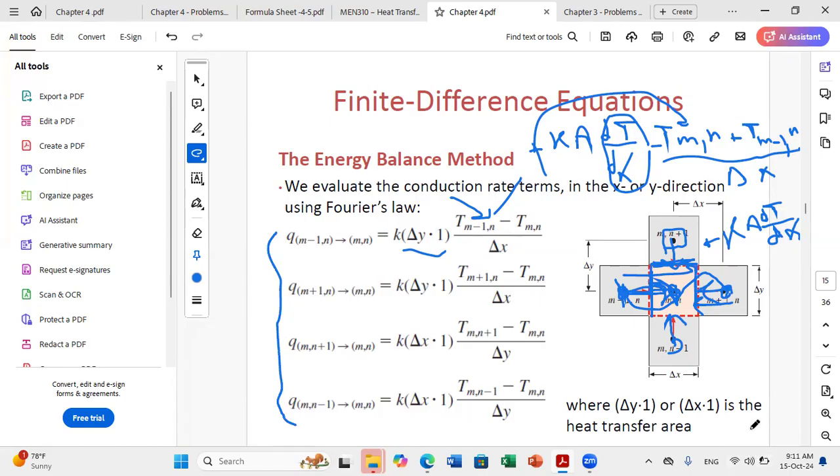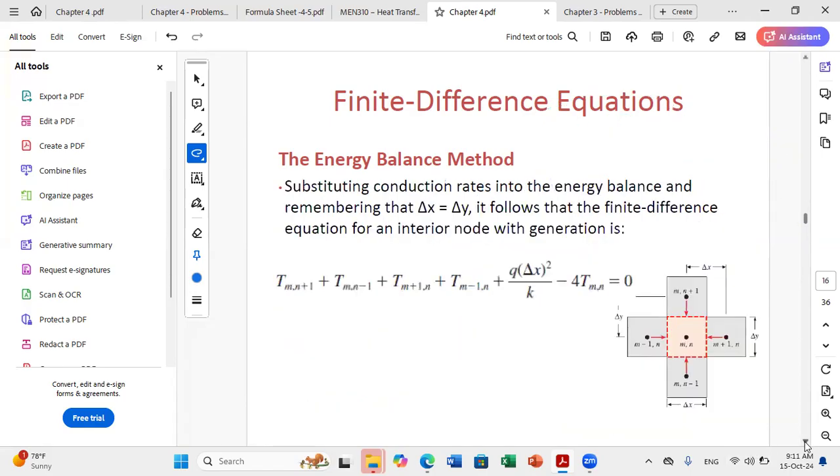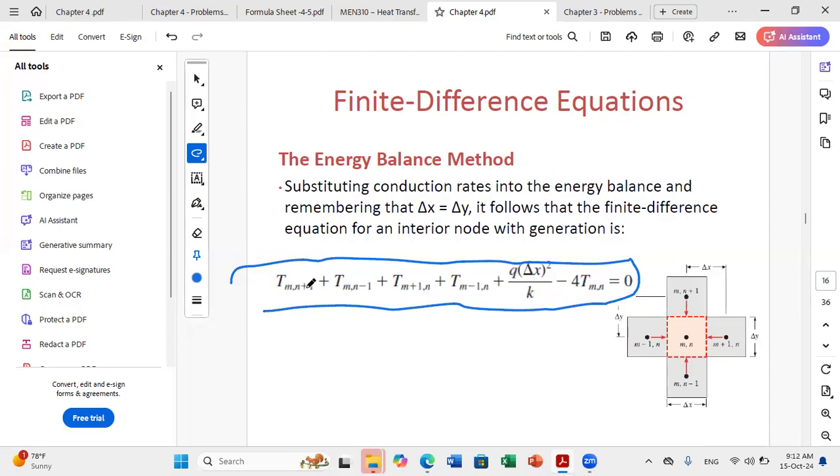I can substitute them in the equation. If you substitute in the equation, and you consider that delta x is equal to delta y, you can simplify to get the following relation: T(m,n+1) plus T(m,n-1) plus T(m+1,n) plus T(m-1,n) plus Q delta x squared over K minus 4 T(m,n) equals 0.